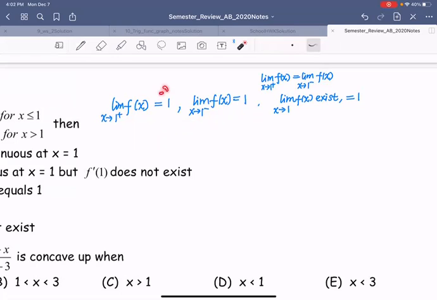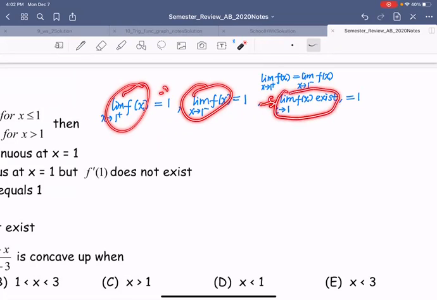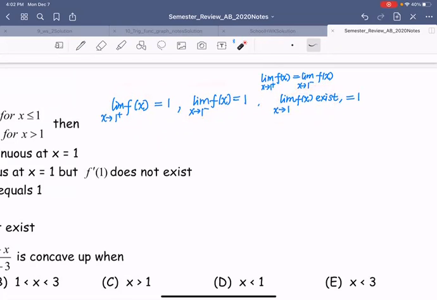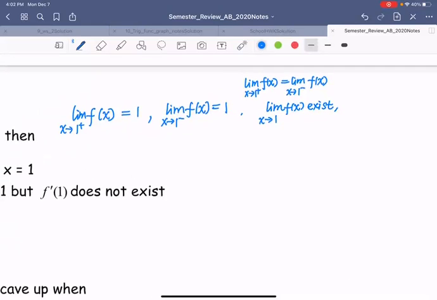So showing this equals this is to prove that your limit at this point exists. Is this good enough to show it's continuous?